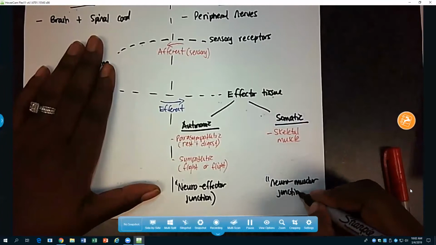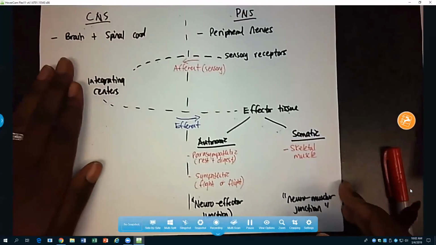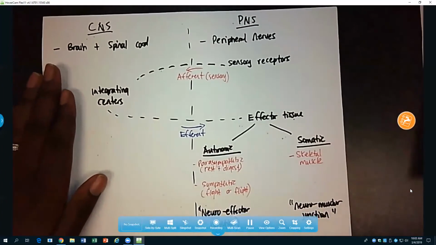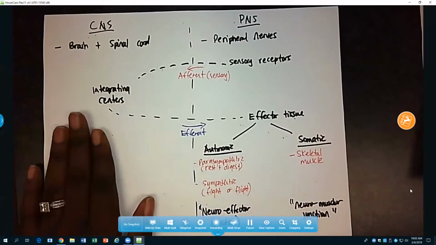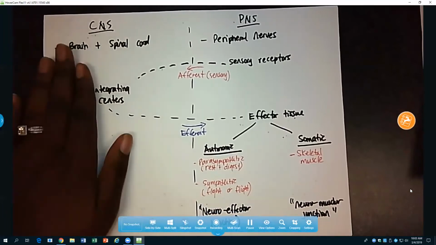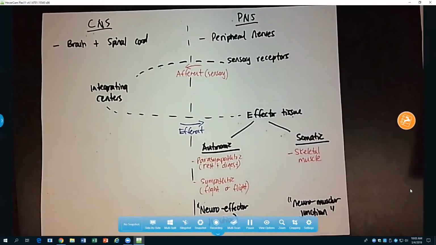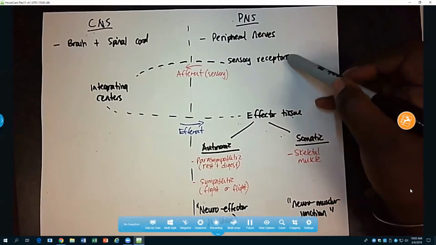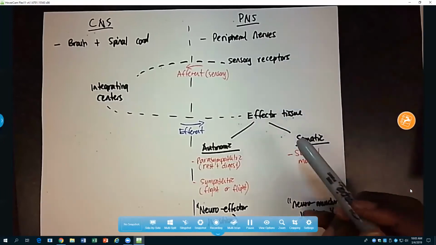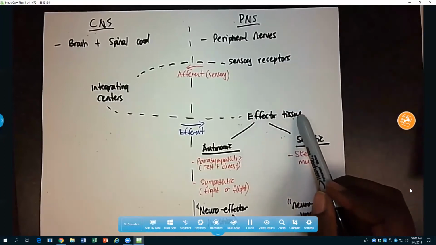But it's important for you to see how they tie together with the overall anatomy of the nervous system. We have the central nervous system, which includes the brain and spinal cord. We have the peripheral nervous system, which includes the peripheral nerves. Okay, as a part of the peripheral nerves, we also have the sensory receptors that are picking up information, as well as the effector tissues that are producing those responses.